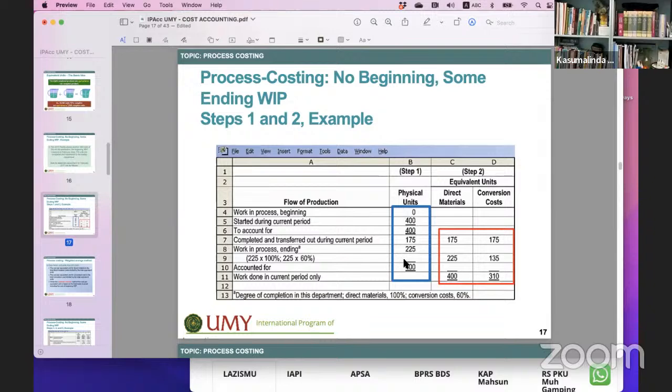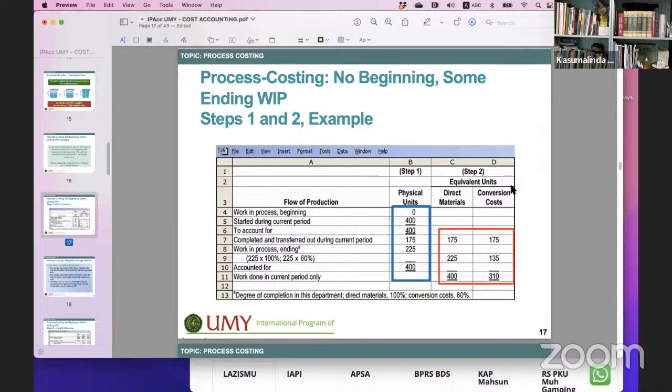The second step is to calculate the equivalent units. To calculate the equivalent units, in the red box here, we extend the table into direct materials and conversion cost. We extend it to the components of manufacturing cost. The direct labor and the overhead are combined together, which we call conversion cost. We can separate them.